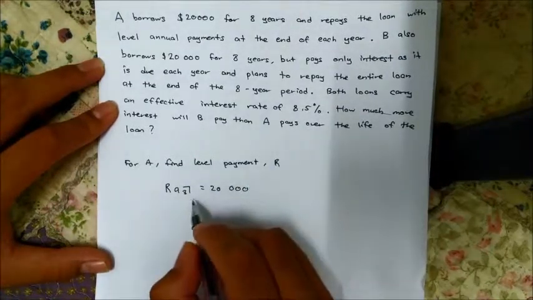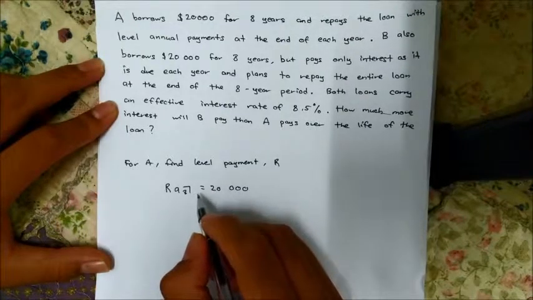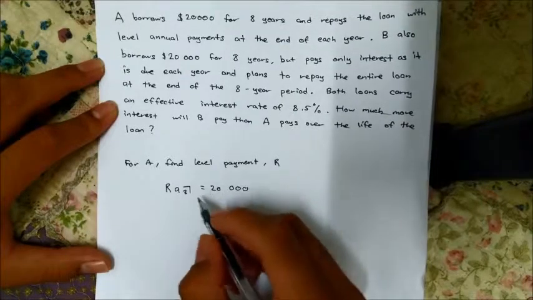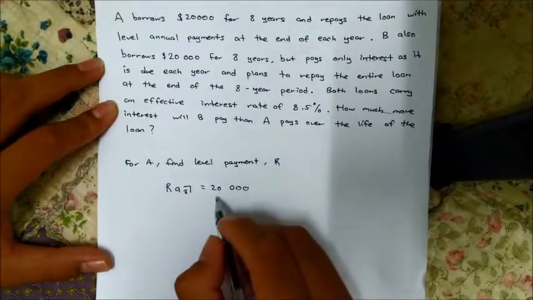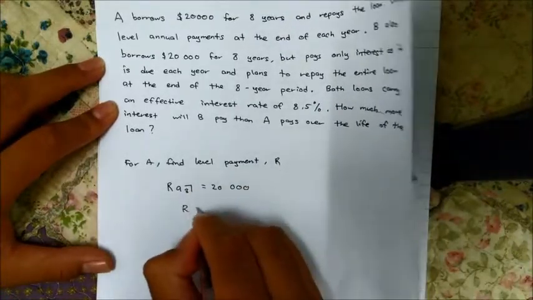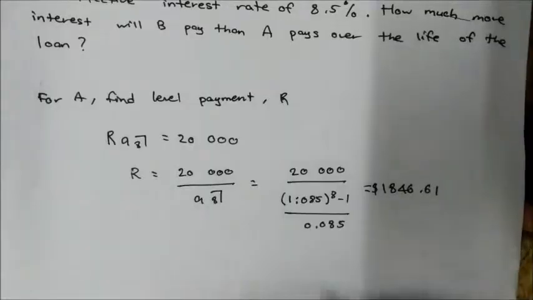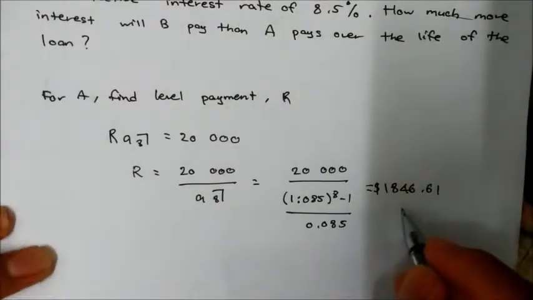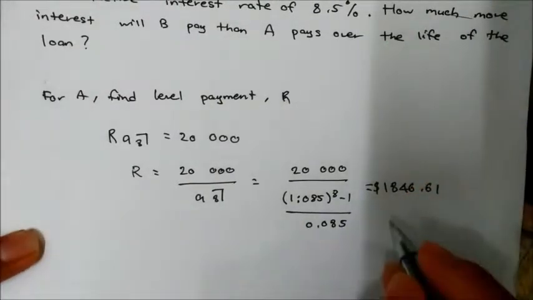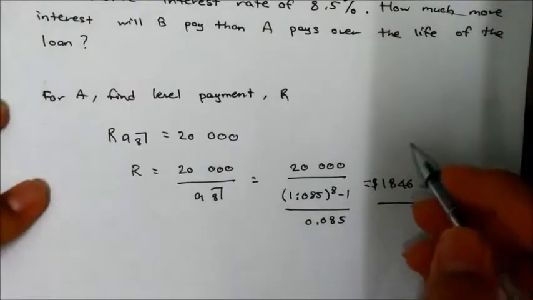Our equation is going to be R times the present value for 8 years in immediate annuity equals 20,000. So we'll move this to the right hand side, and we will get $1,846.61 for R. This is the level payment for A to pay each year.